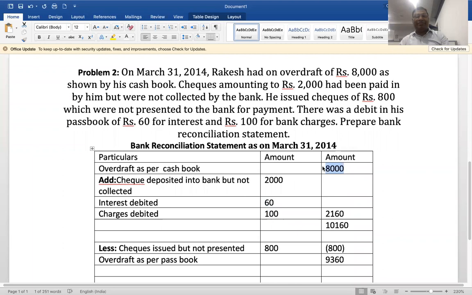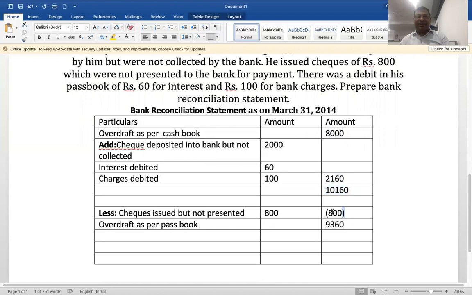Do you still have doubts? I understood. Okay. So this is added, right? That 2,160 is the total to be added. You're adding it to 8,000 so that the amount became 10,160. From this, deduct 800, you get 9,360, which is overdraft as per passbook.